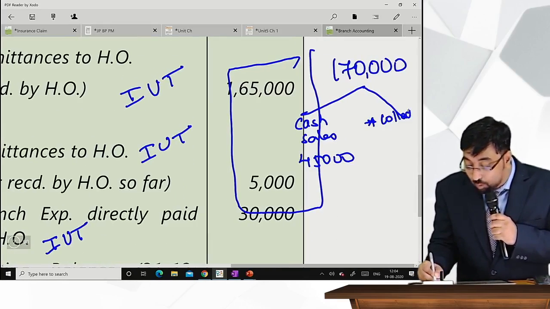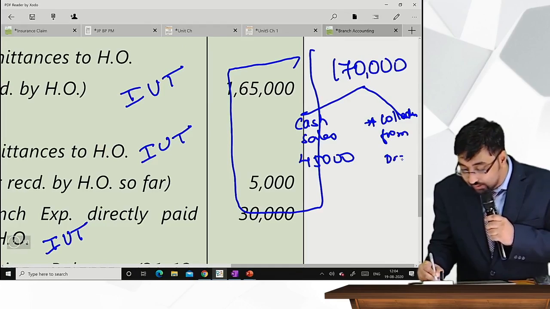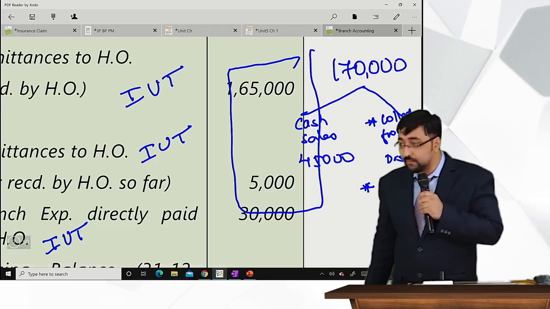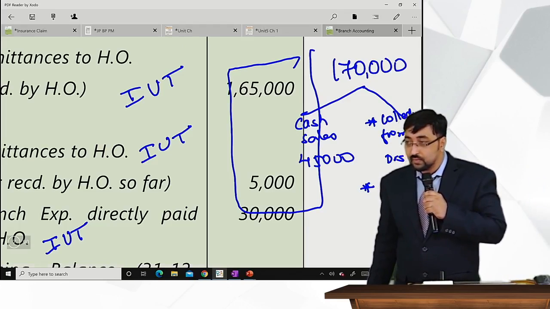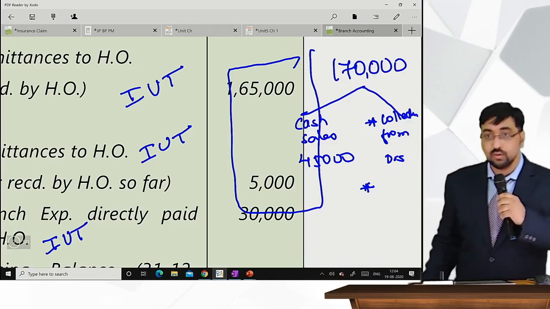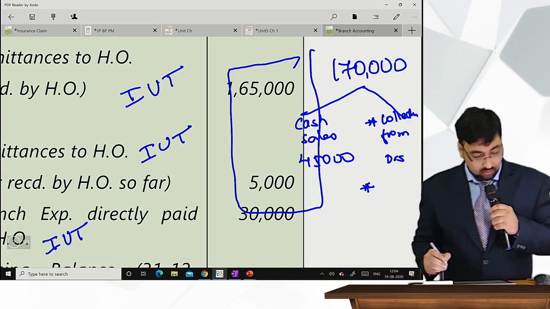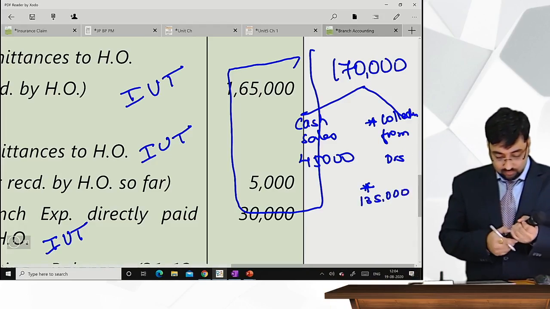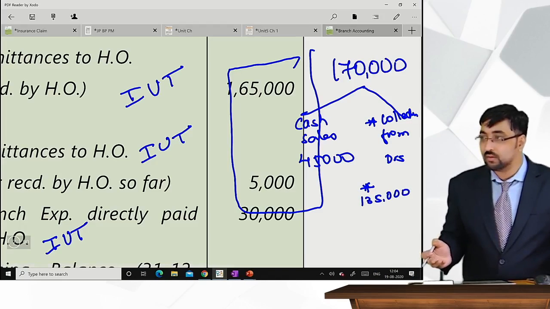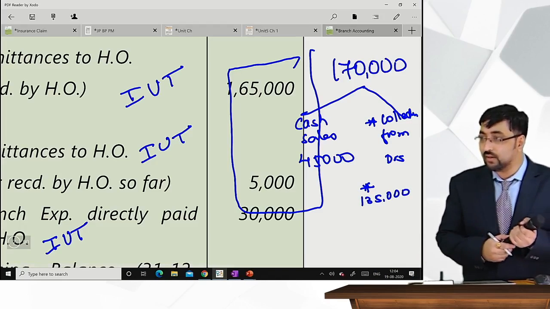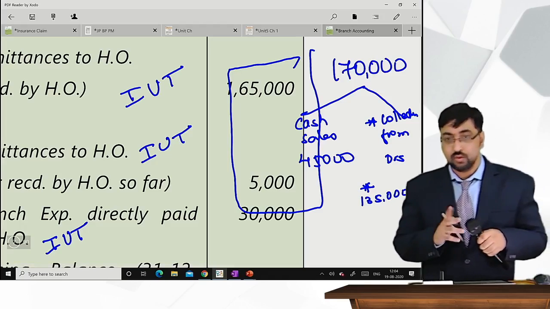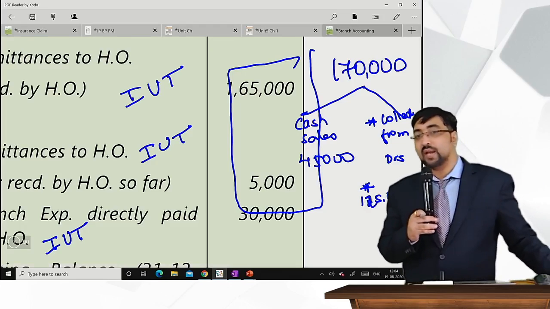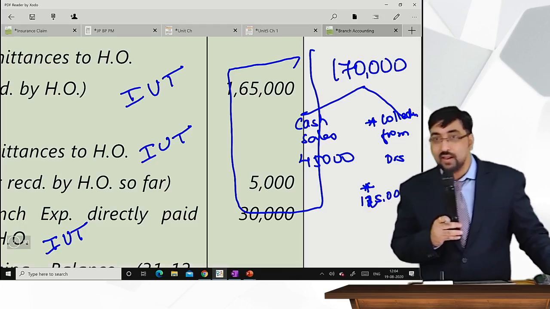This is important: 170 minus 45. Sorry, this is 1,25,000. So cash collected from debtors is 1,25,000.